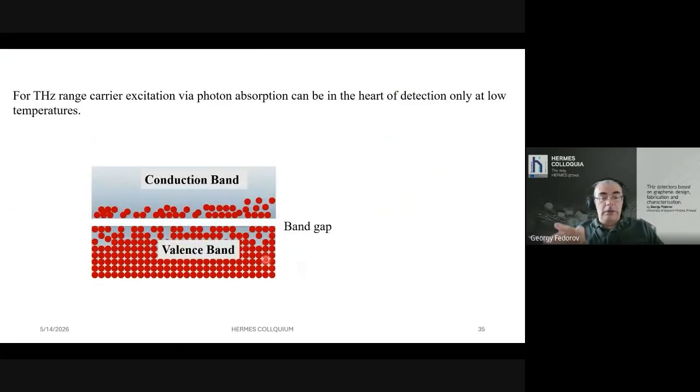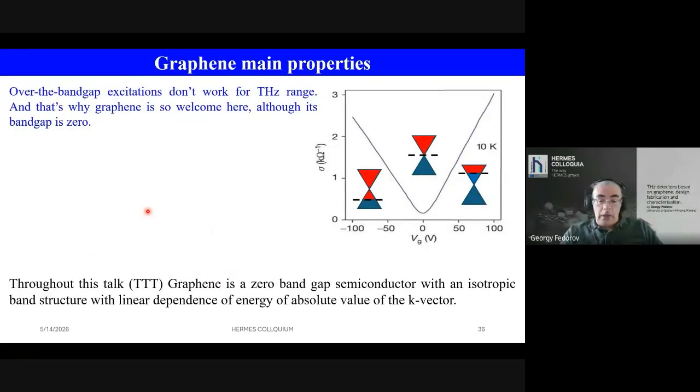Again, an important thing: when you come to the terahertz range, the energy of light quanta is smaller than the temperature at which you exist, and therefore over-bandgap excitation will not change a lot in your system. So this approach doesn't work. That's why a gapless material like graphene turns out to be welcome.